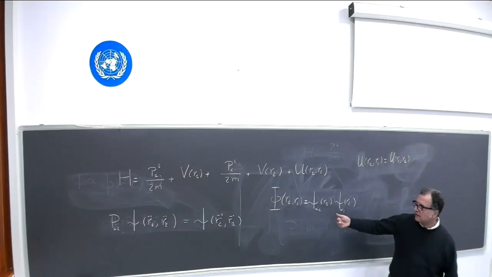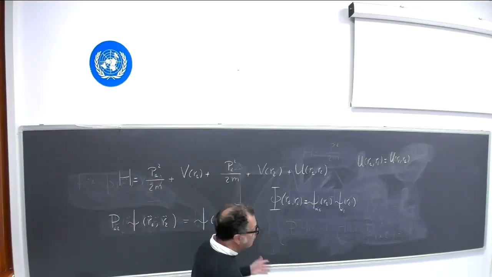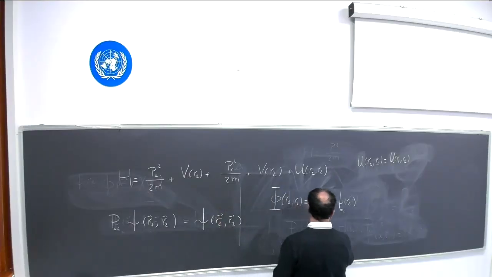Then no, this is not an eigenstate of P, because of the different quantum numbers. Very good. If I apply P, I get psi of alpha 1 at R2, psi of alpha 2 at R1, which is different.